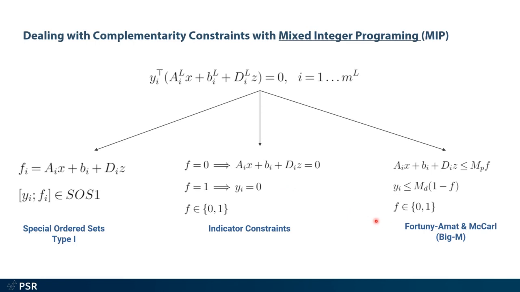The third one is known as the Fortuny-Amat or the Big M reformulation, which is very similar to the other two, but will have these big values of m, mp, and md, and this binary variable which will turn on and turn off one of the constraints in this disjunctive reformulation.